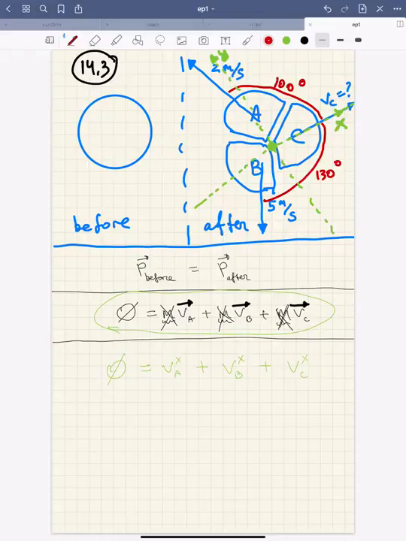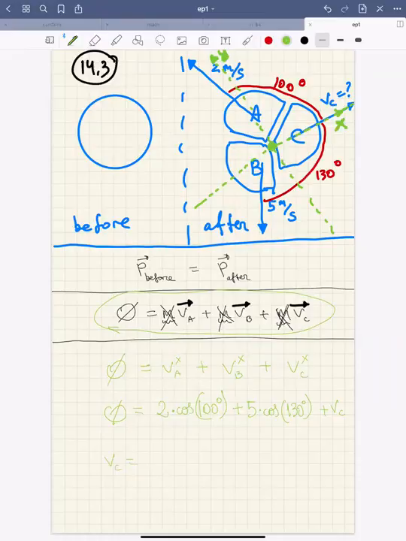So I will just write 0 is equal to 2 times the cosine of 100 degrees plus 5 times the cosine of 130 degrees plus VC. And from here, this is a very simple equation to solve for VC.